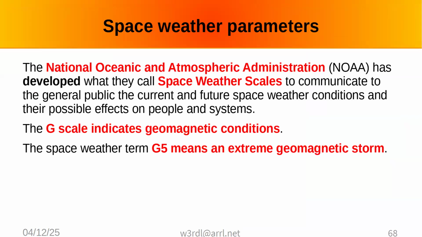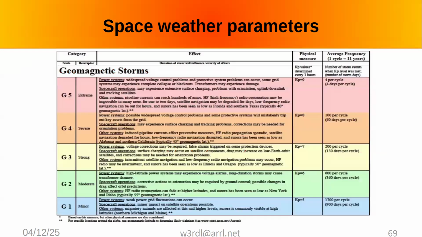Okay. NOAA came up with this space weather scale, which they call the G scale. It goes 1 through 5, where G5 is an extreme geomagnetic storm, and G1 is, I think they call it minimal. It's minor.